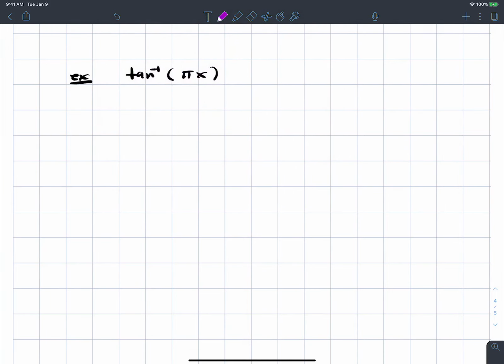So this morning, we demonstrated that the inverse tangent of x is an alternating series, 0 to infinity, negative 1 to the n, x to the 2n plus 1 over 2n plus 1.